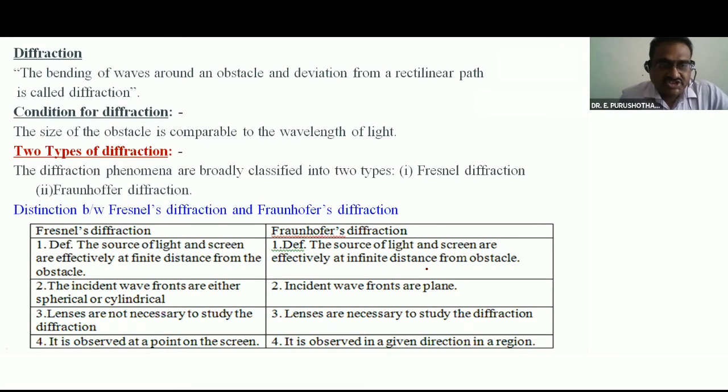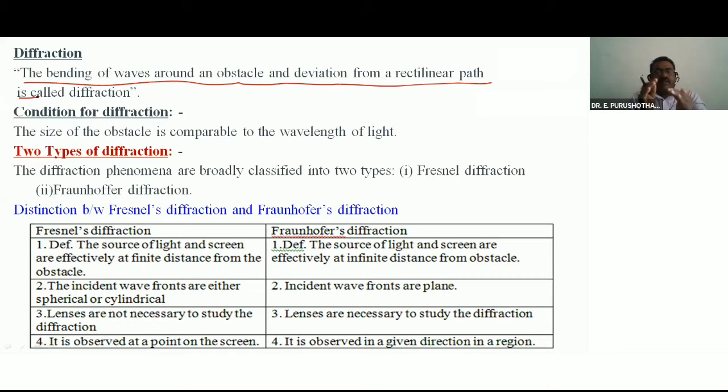What is diffraction? The bending of light waves around an obstacle and deviation from a rectilinear path is called diffraction. Simply remember, the bending of light waves around an aperture or obstacle is called diffraction.